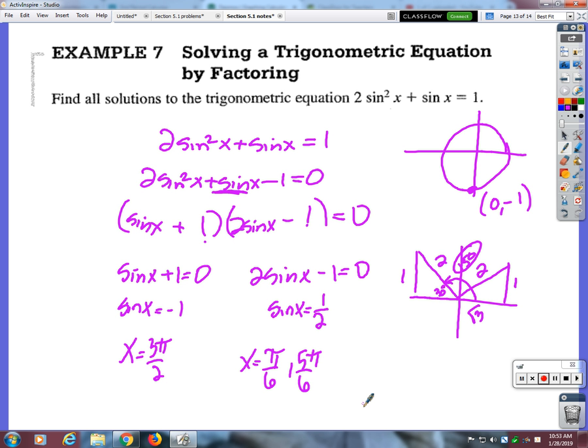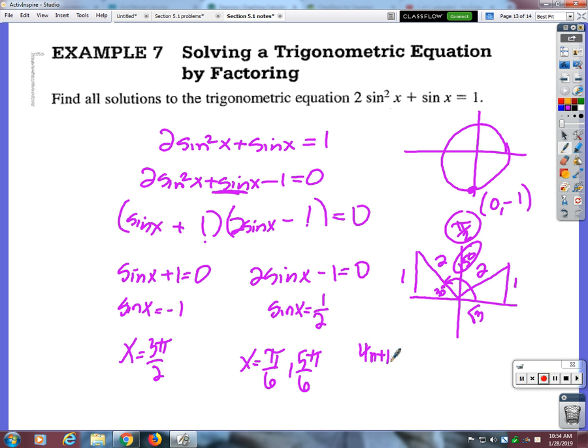Actually, technically, there's an infinite number of answers because I could go around again. I could add 2 pi to each one of those as long as I want. The technical answer here would be, since this middle one is pi over 2, and then I can add 2 pi onto that, so that would be pi over 2 and 5 pi over 2. So it's going up by 4.